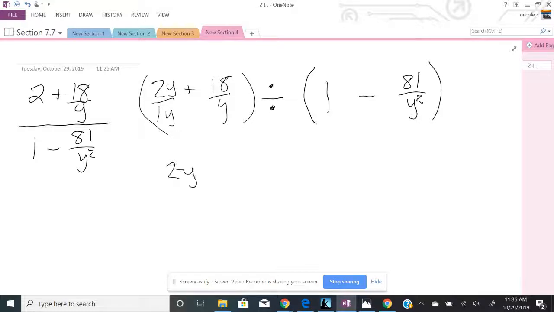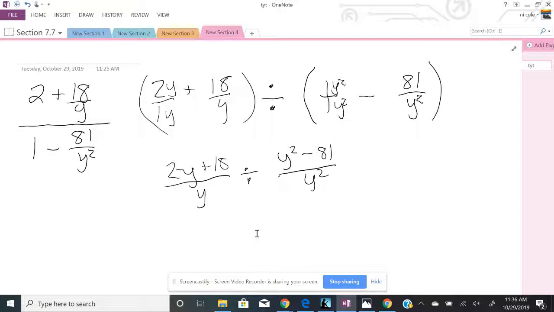Therefore, I have 2y plus 18 all over y divided by, okay, I'm going to put this over 1, so it's 1 over 1, multiply y squared. So therefore, I will have y squared minus 81 over y squared.